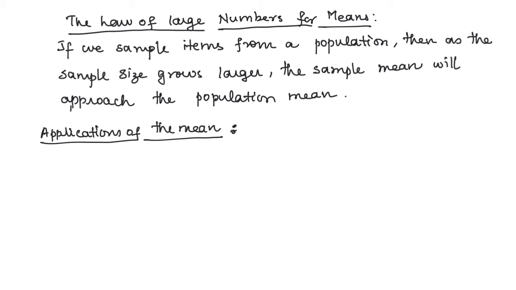Application of the mean. There are many occasions on which people want to predict how much they are likely to gain or lose if they make a certain decision or take a certain action. Often it is done by computing the mean of a random variable. In such a situation, the mean is sometimes called the expected value. If the expected value is positive, it is an expected gain.